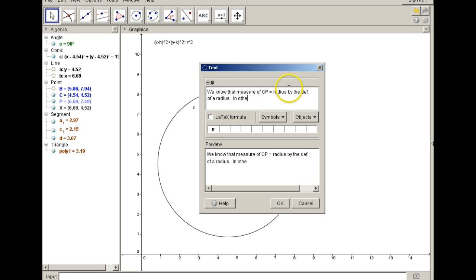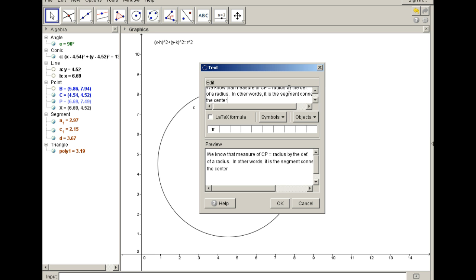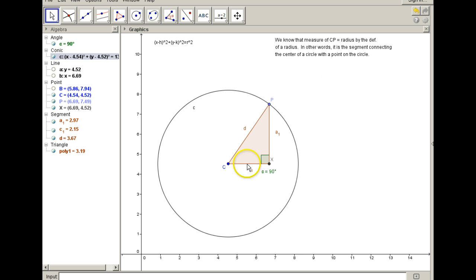In other words, it is the segment connecting the center of a circle with a point on the circle. Okay, so we know that CP is equal to the radius. That's the first thing we'd say.